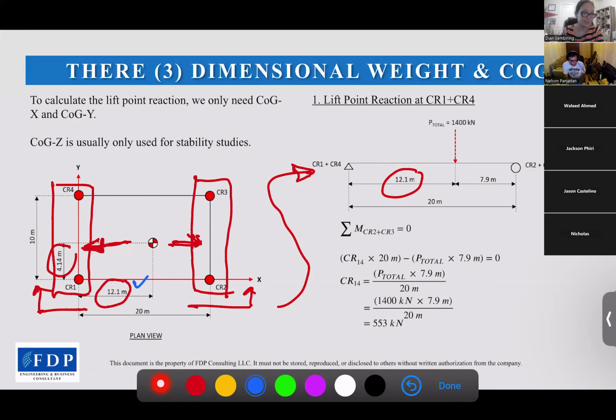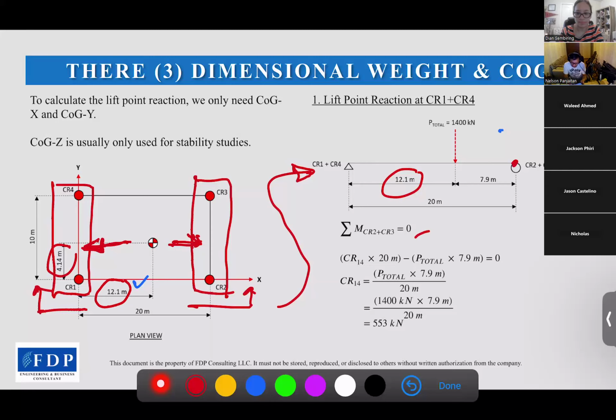We can use the total moment at crane 2 plus crane 3 equals 0. What is the moment acting on the crane at this joint?